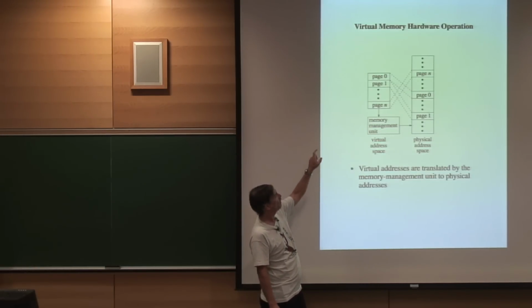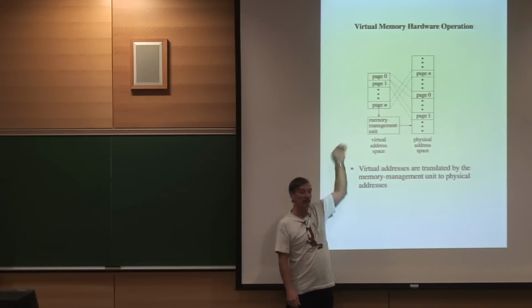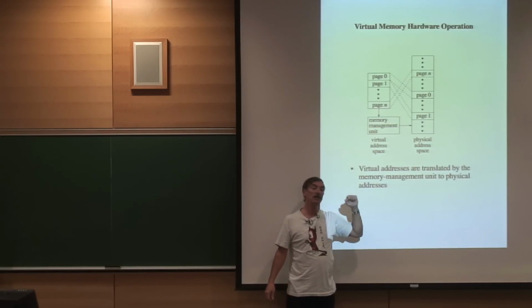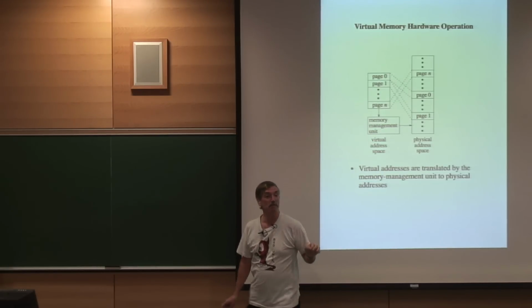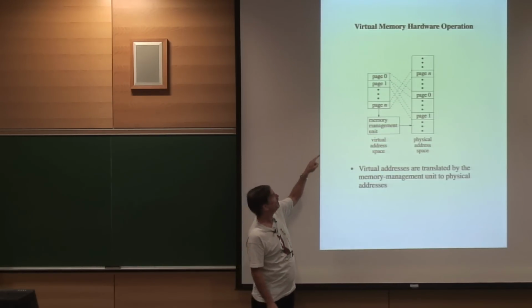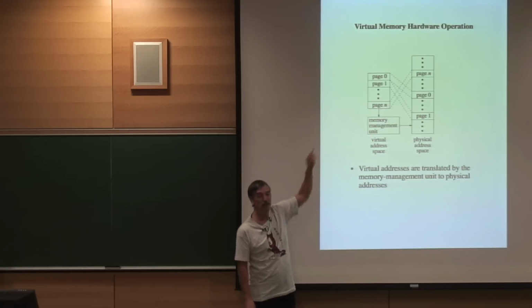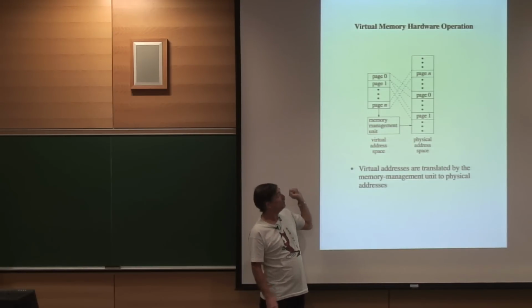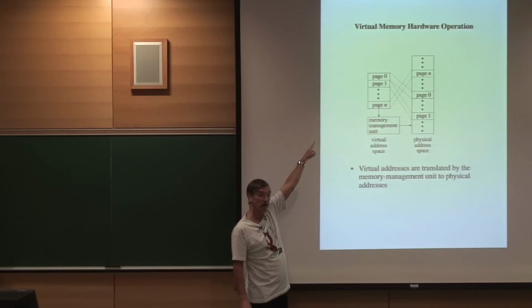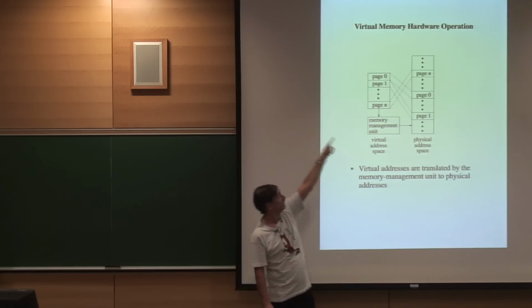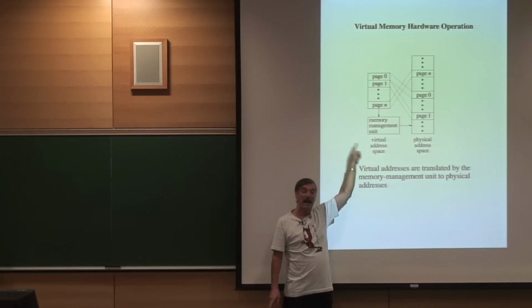So in order to make this run faster, the memory management unit keeps something called a translation look-aside buffer, often just called a TLB. The idea of a TLB is to keep track of the things you've already looked up. The first time you present something for page 0, it's going to go into memory, get that answer, figure out where it is in the physical memory, and then read that.